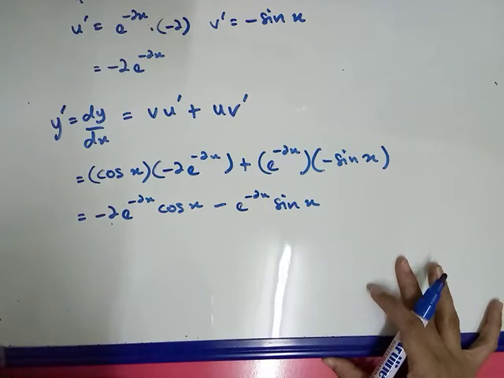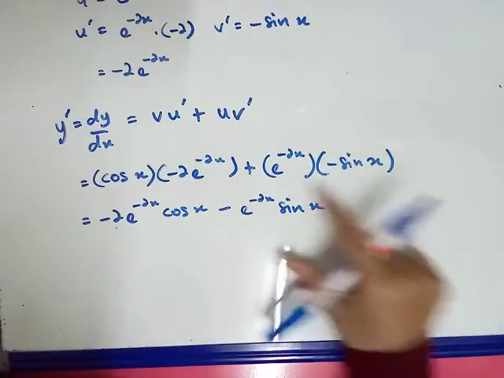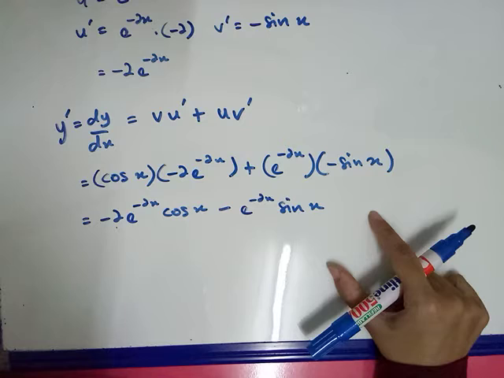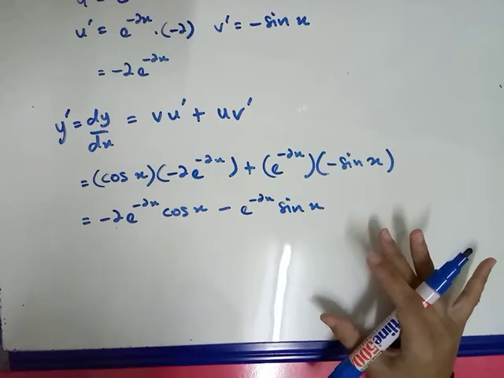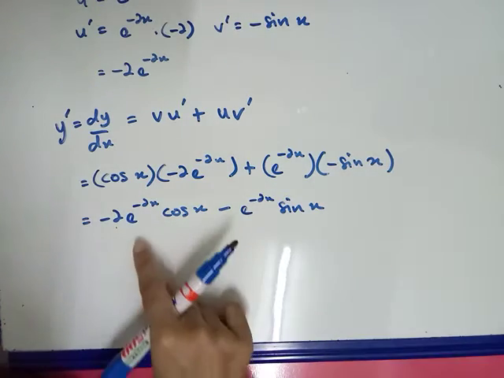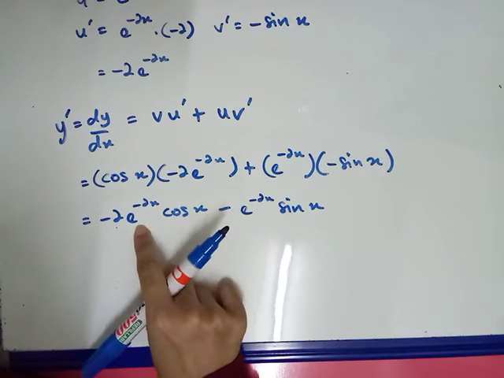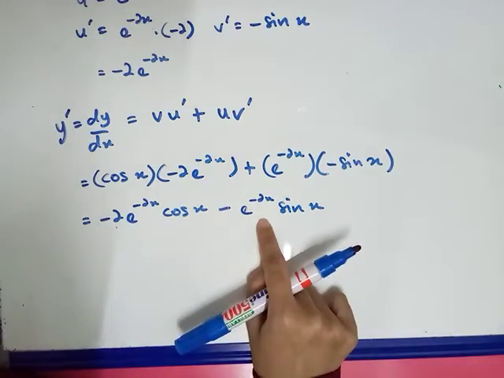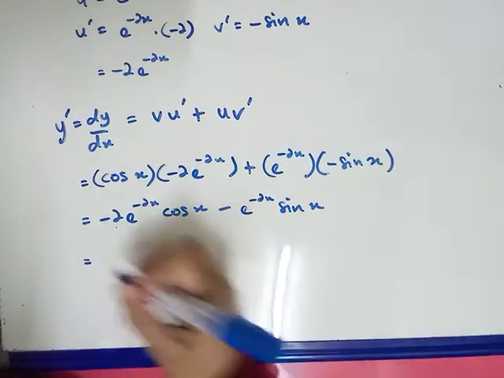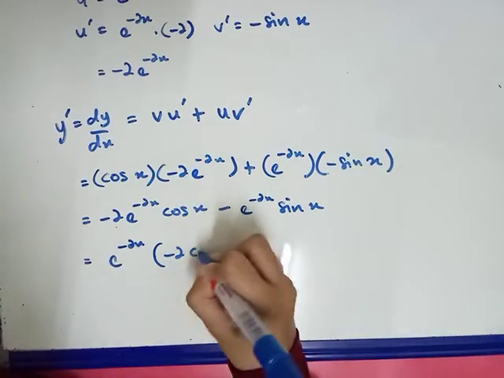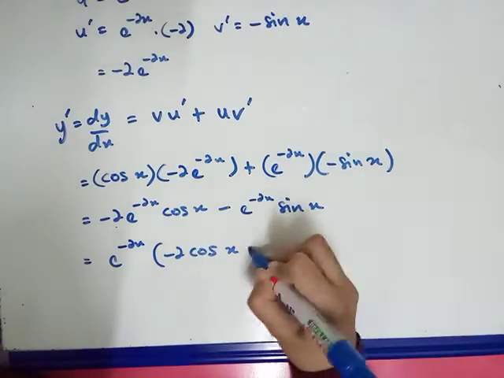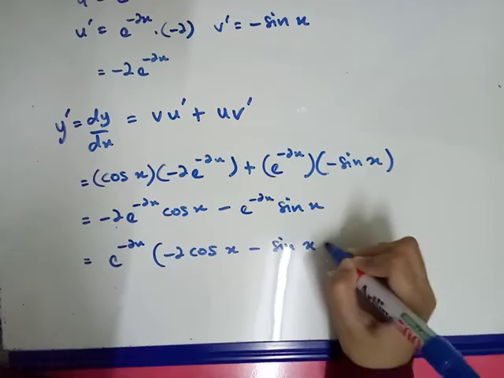Alright, this is the first differentiation, first order derivatives. So we need to find the second order derivatives, the higher order. As you can see, this one has exponent, this one has exponent, so you can factorize exponent negative 2x times negative 2 cos x minus sin x.